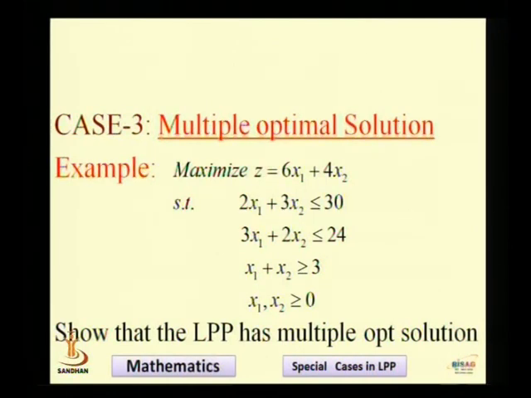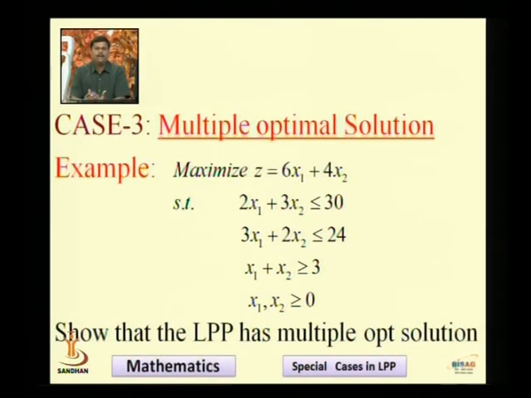Case 3, multiple optimum solution. Now multiple optimum solution means the values of the variables x1, x2 which satisfy all the constraints and give us the maximum or minimum value which is required. In this LPP, we have a problem of maximization. So we find x1, x2 which satisfy all the constraints and give us the maximum value.